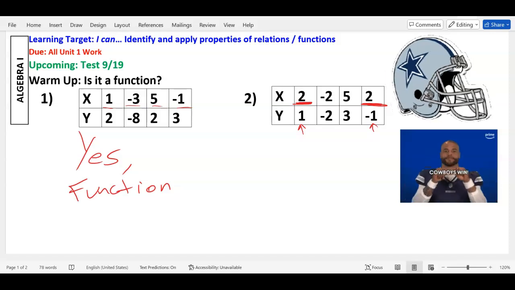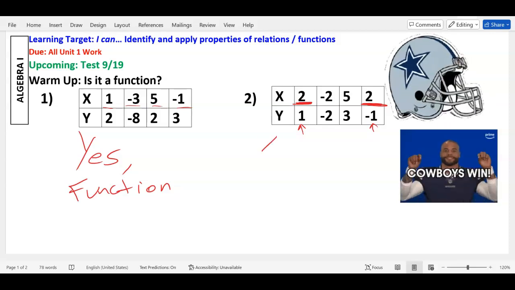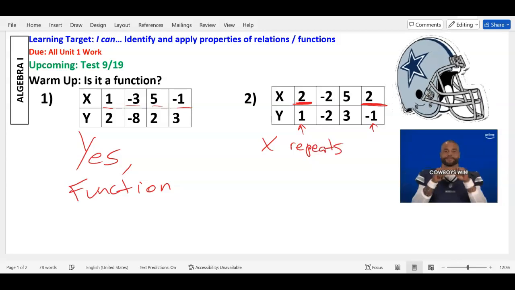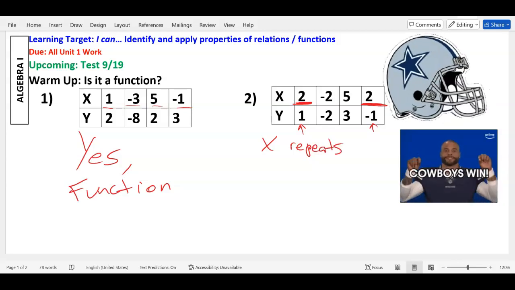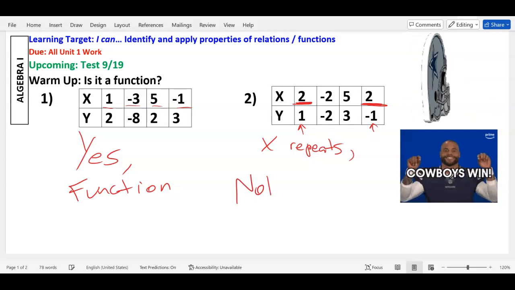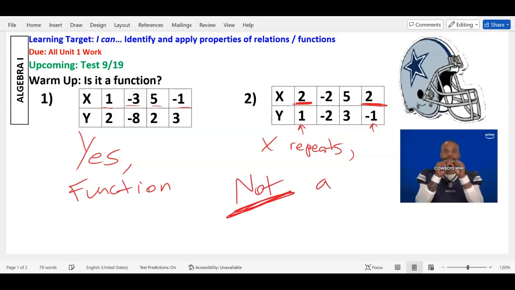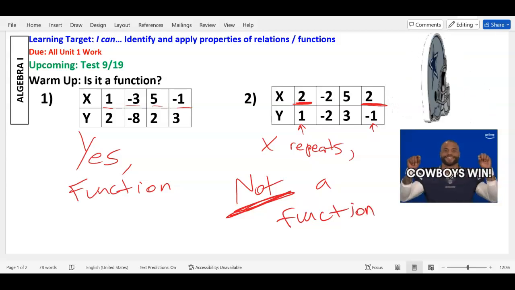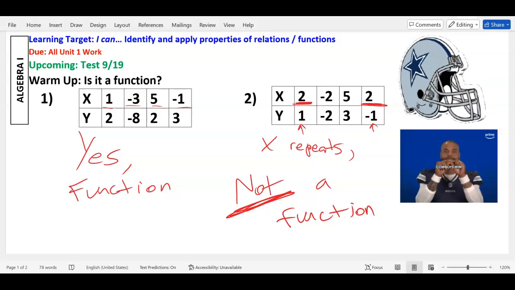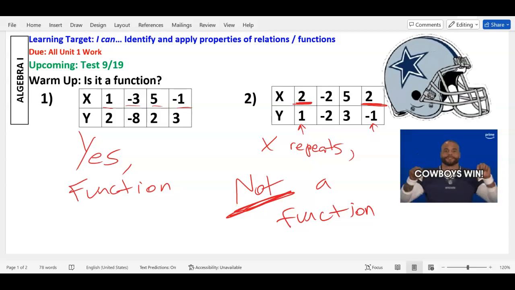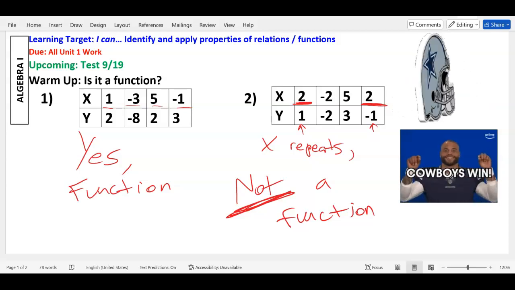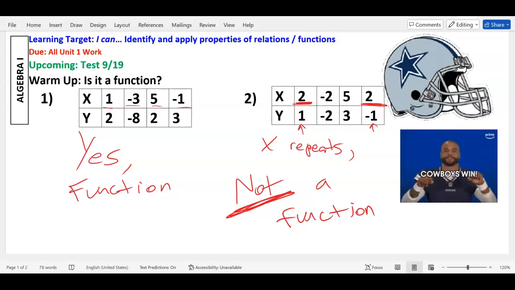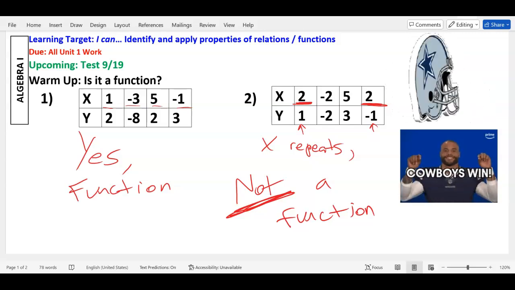So the x repeats, or there's more than one x with a different y, therefore not a function. Okay? So, again, if on a table or a bunch of points, if the x repeats, it's not a function. As long as x does not repeat, it is a function, okay?